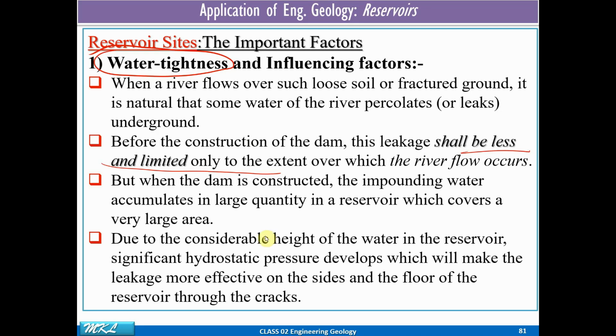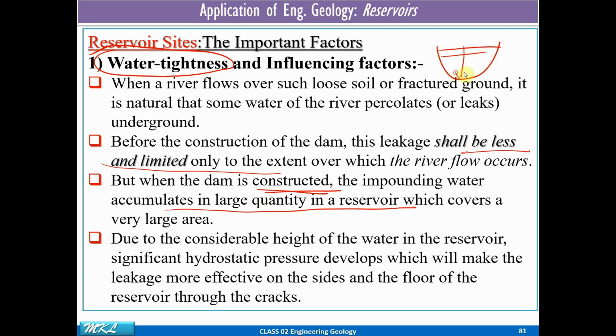So when the dam is constructed, the impounding water accumulates a large quantity in the reservoir which covers a large area, and due to the considerable height of the water in the reservoir, significant hydrostatic pressure develops. So water table के बढ़ जाने से what happens?